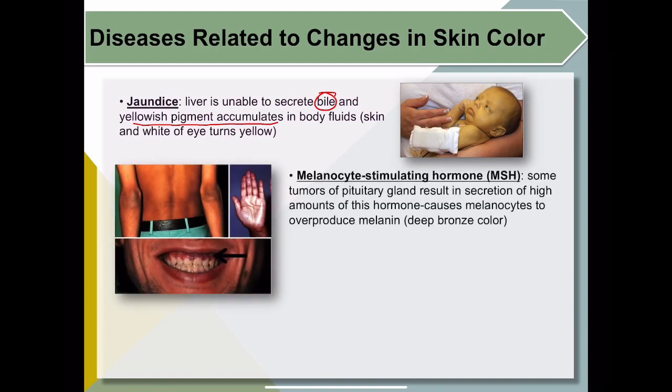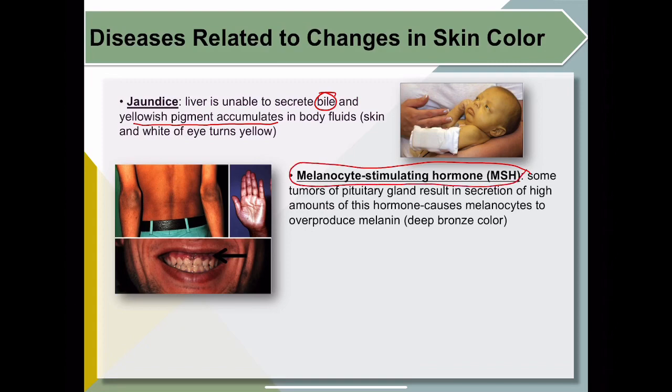Now, some tumors in the pituitary gland can also give you a sign of different skin coloration. When the pituitary gland is increased in size, you will end up with increased secretion of a hormone called melanocyte stimulating hormone, or MSH.